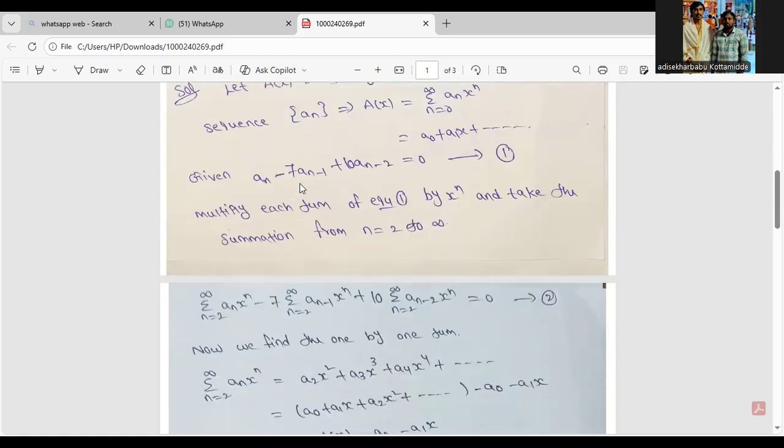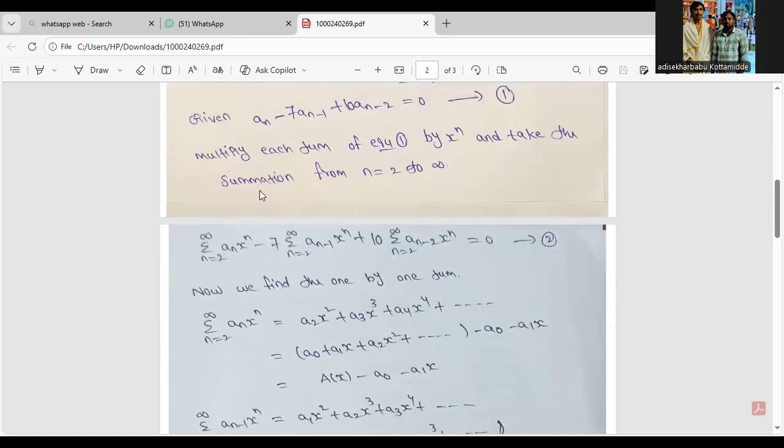The given recurrence relation is a n minus 7 a n minus 1 plus 10 a n minus 2 equal to 0. This is equation number 1. Now, second step is multiply each term of equation 1 by x power n and take the summation from n equal to k to infinity.